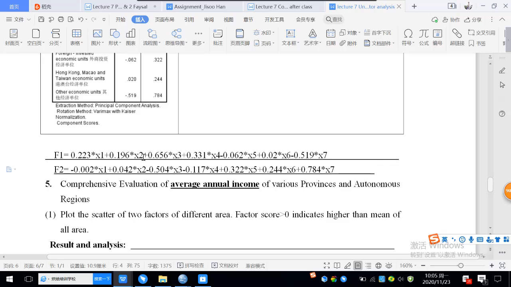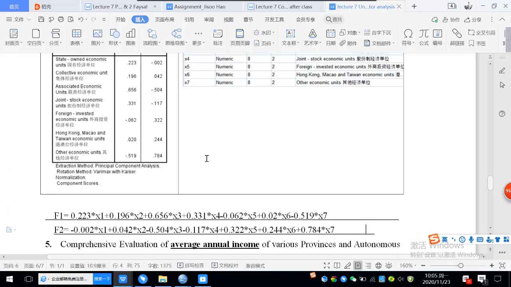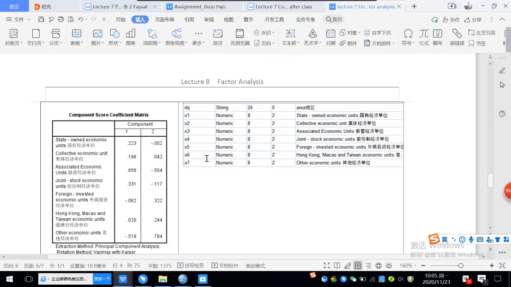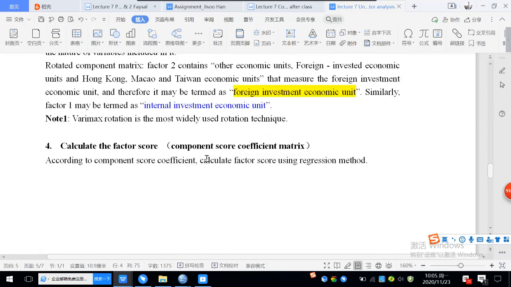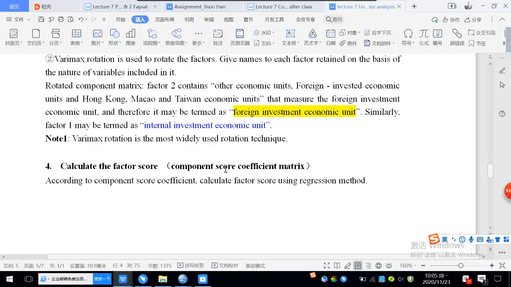If F1 is more than 0, so that means in this area, the internal investment economic unit, their score is more than the average level.